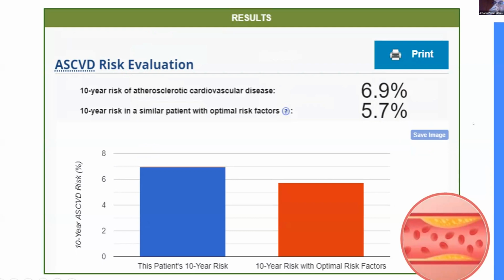These calculators only take into account demographic data and risk factors. But there is a quite important risk factor that hasn't been used in these calculators, which is the plaque data.